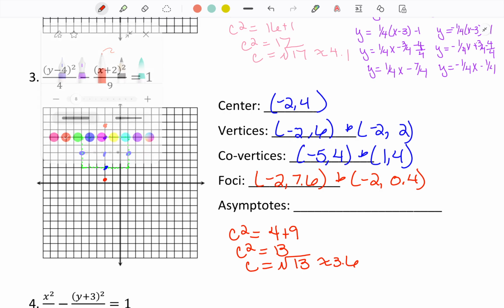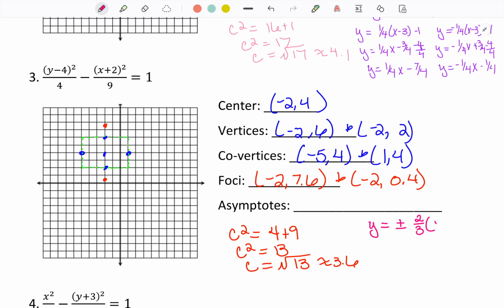So then our asymptotes, we are vertical. So that is going to be y equals plus or minus a over b. So that's going to be 2/3 and then x plus 2 plus 4.